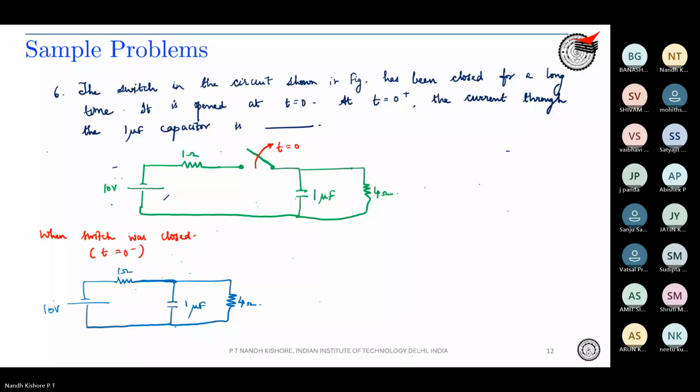So the question is, what is the current through the capacitor? Let's assume the switch was closed for a very long time, so we are under steady state. Can you tell what will be the position of the capacitor, open or short?